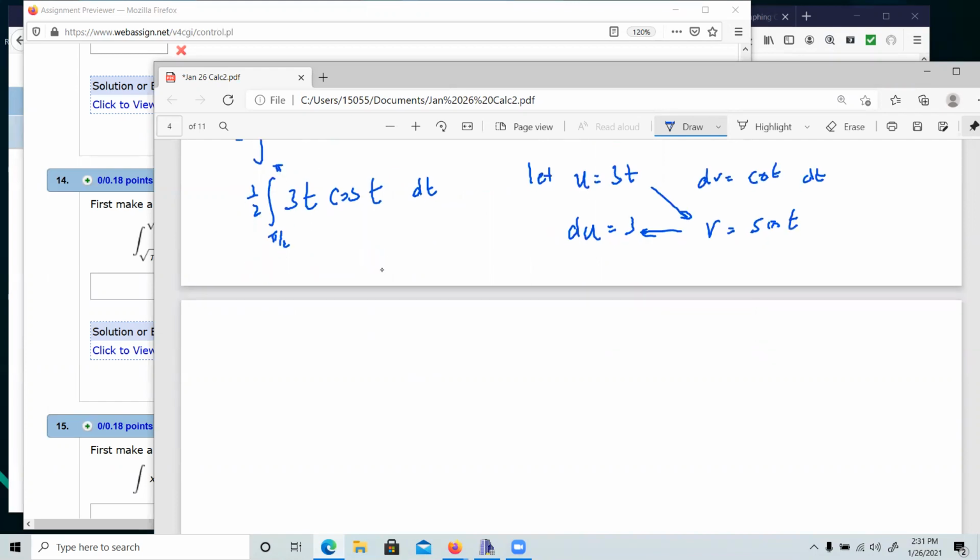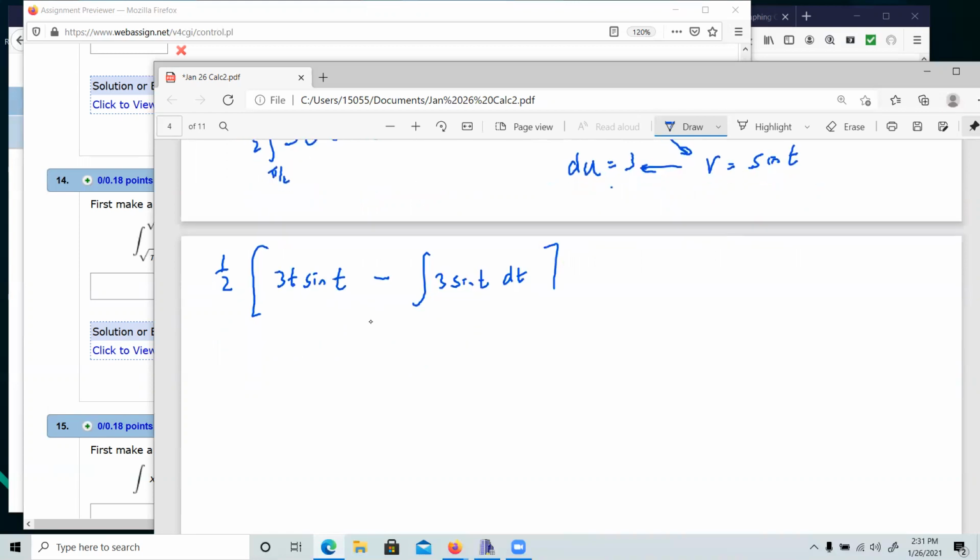So we have this integral, put the 1/2 out in front, and we have 3t sine t minus the integral of 3 sine t.